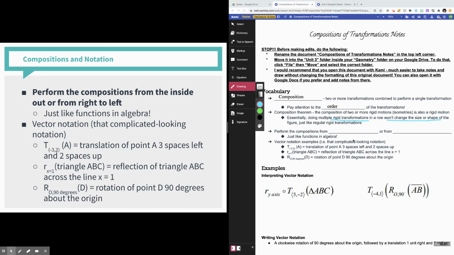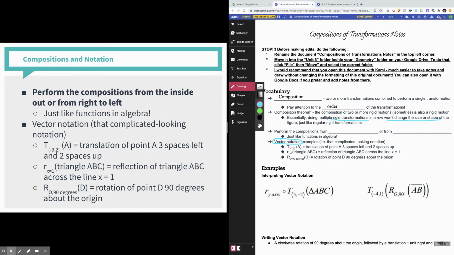Okay, so a couple other things to tell you about compositions and the way that the notation is written. If you remember briefly from last week in the videos, I taught you vector notation, which is the crazy looking notation with all of the subscripts and the small letters, the capital T's, the R's.